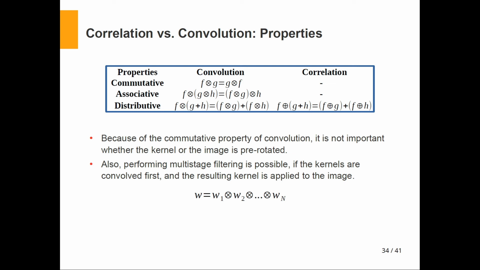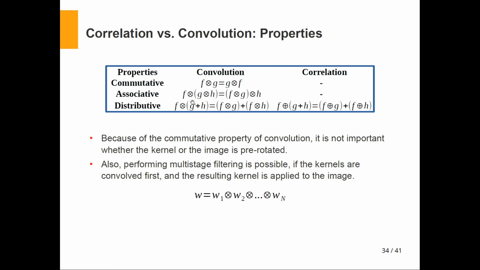But for the correlation, it's different if we find the correlation between the image and the kernel or between the kernel and the image. There is another property which is called the associative property, which basically says that the convolution of f and the result of the convolution of g and h is equal to the convolution of f and g convolved with the function h.